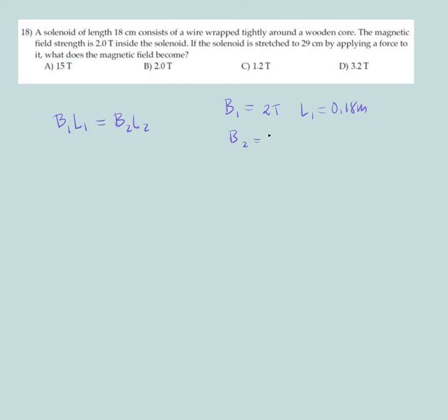That's what we're looking for. And L2, they're telling you now that it's being stretched to 0.29 meters. So now using this equation, solving for B2 is equal to B1 L1 divided by L2. If you substitute the numbers, the answer is going to be about 1.2 tesla.